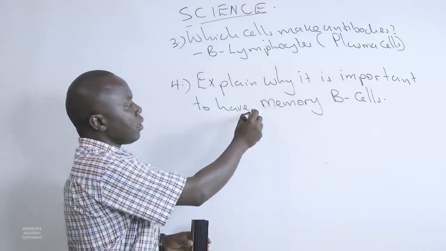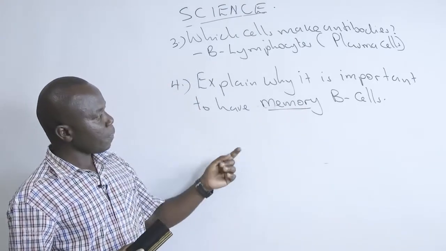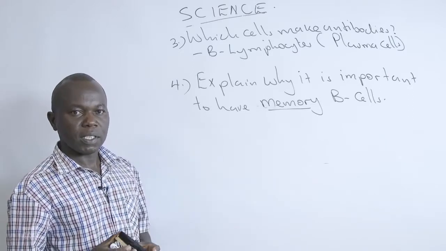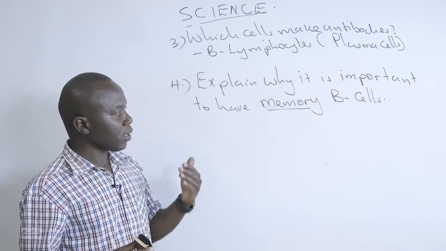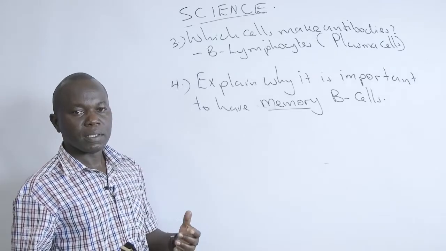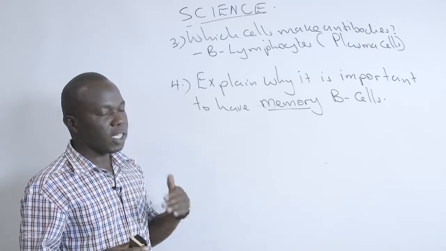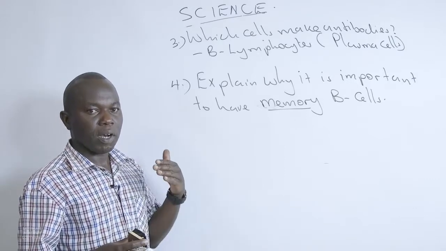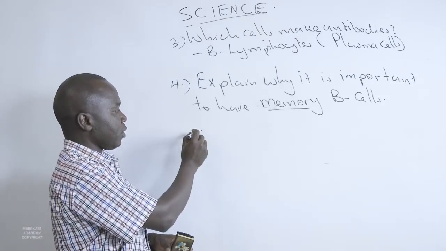So we have said the memory cells are the ones that usually retain the structure of the pathogen, such that if we are going to have a second or subsequent attacks, then the body will be able to recognize the same and produce even more or large quantity of the antibodies against the pathogen.